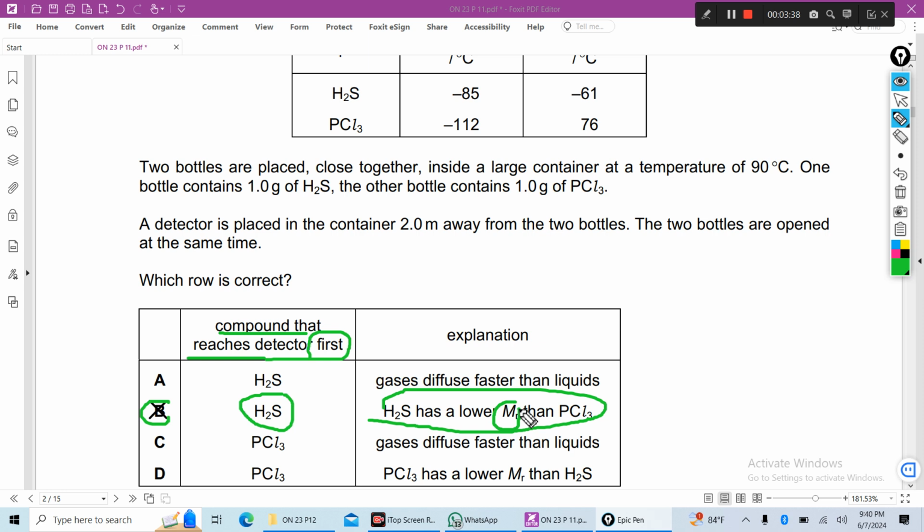So if relative molecular mass is lower, diffusion will be faster. That's why the compound that reaches the detector first is hydrogen sulfide, which moves faster because it has lower relative molecular mass. So B is the right answer.